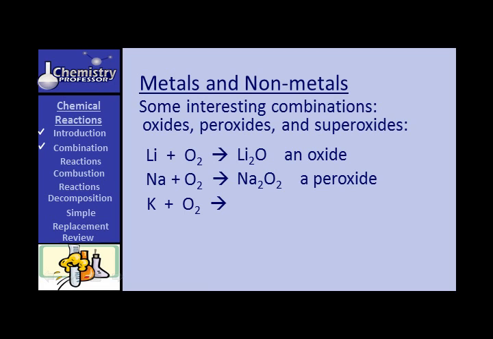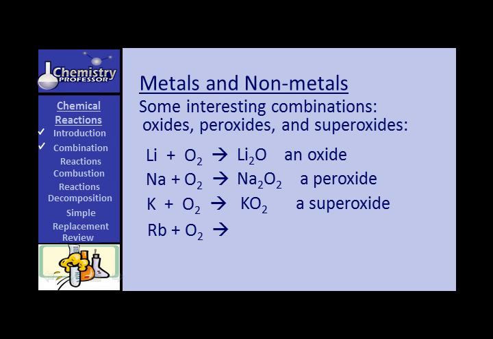But look at this. Potassium plus oxygen produces KO2. This is called a superoxide. What is the oxidation state of oxygen in this? Well, if we assign potassium a +1, then oxygen will have an oxidation state of -1/2.